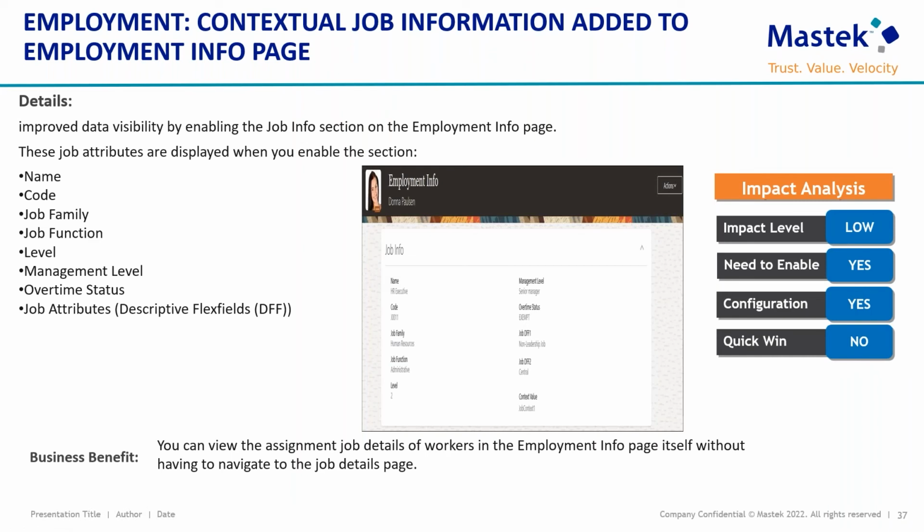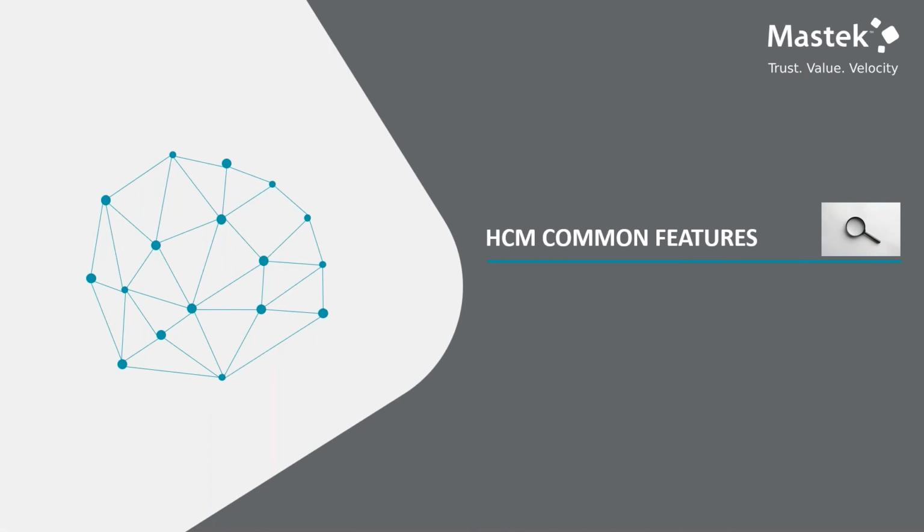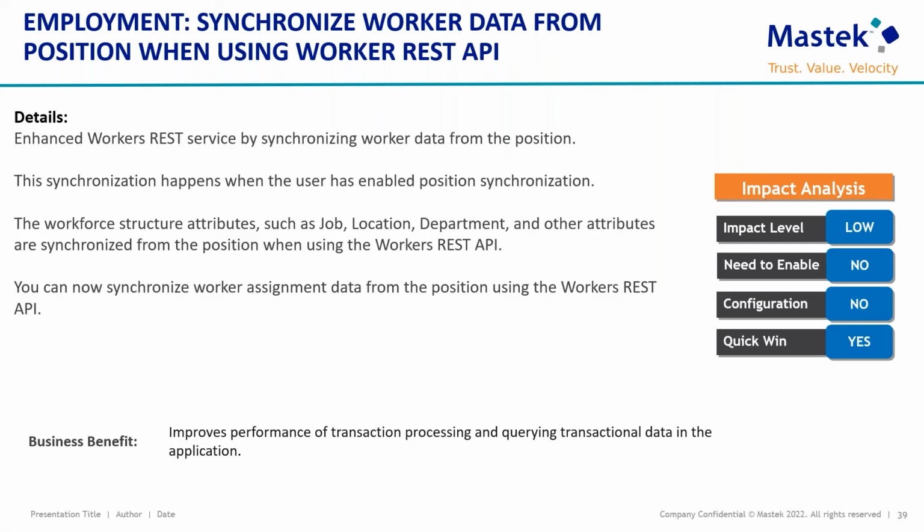Now, moving ahead with the next feature, these are the HCM common features in the 22D release. So we have synchronized worker data from position when using the worker REST API. Usually this will help in the integration part. We can have a seamless integration using the worker REST APIs, wherein the assignment data of the employees can be brought in.